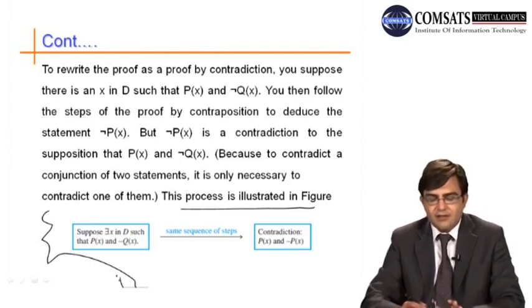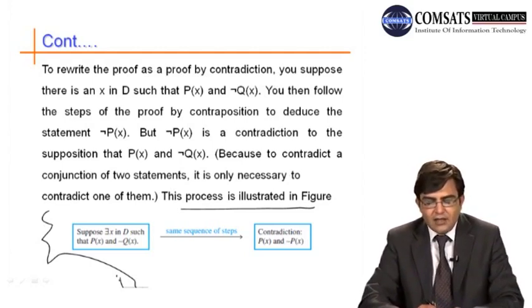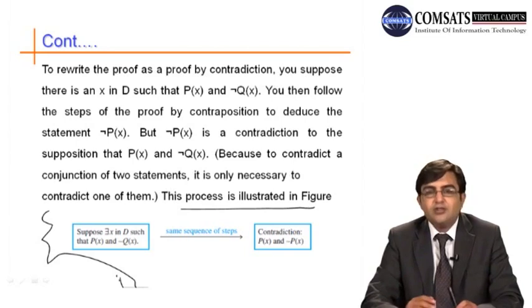But after a sequence of steps, we arrive at some contradiction to what we have supposed, that not q of x is true. After some sequence of steps, we arrive at the conclusion that not p of x is true.